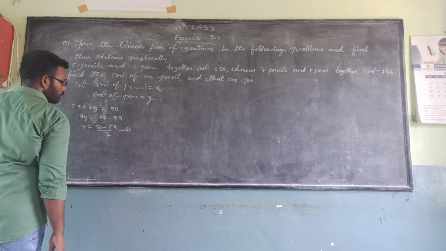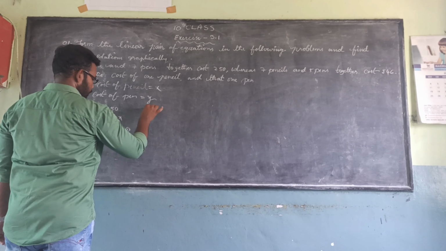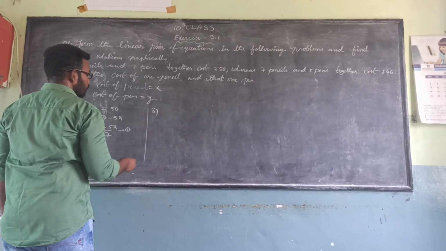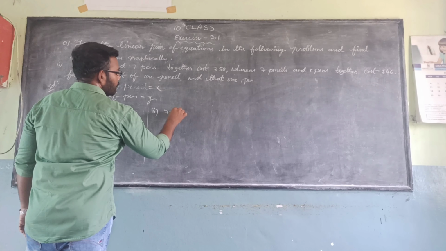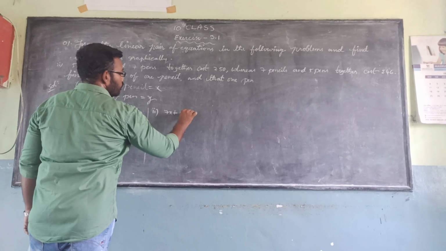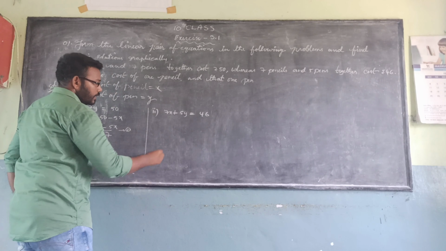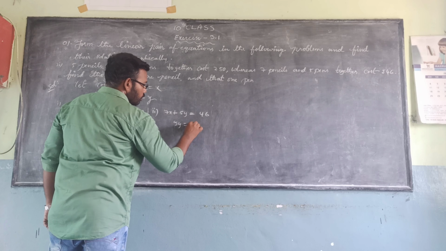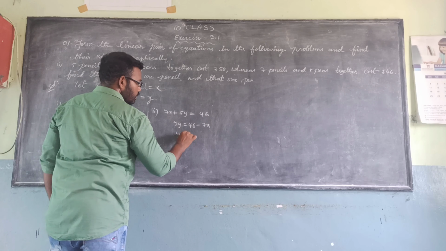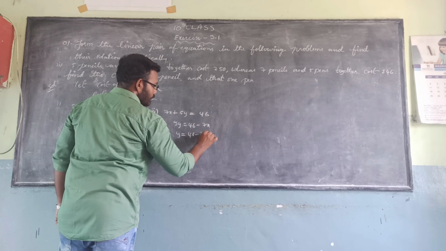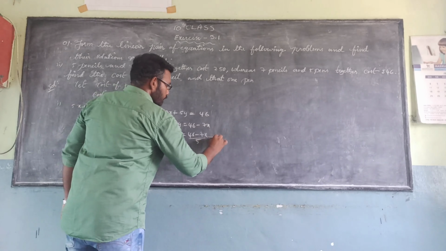This is condition 1 and condition 2: 7 pencils, that means 7x, plus 5 pens, so 5y is equal to 46 rupees cost. So 5y is equal to 46 minus 7x, y is equal to 46 minus 7x by 5. This is the second equation.